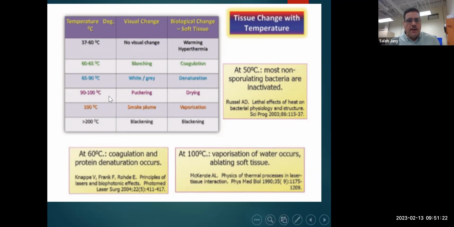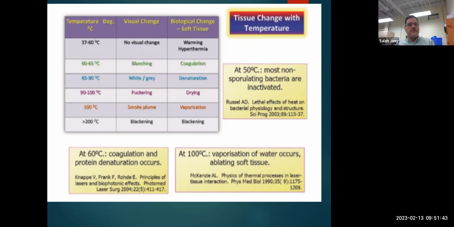And you know, water boils at 100 centigrade. When you heat the tissue until it reaches 100, you will have drying and cracking in the tissue, especially if you heat the enamel.